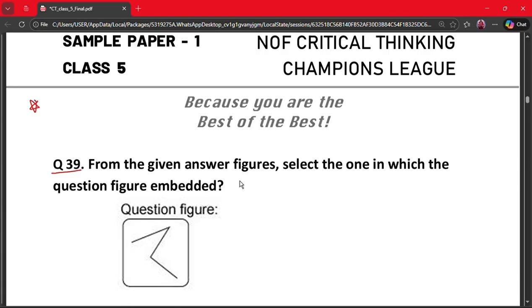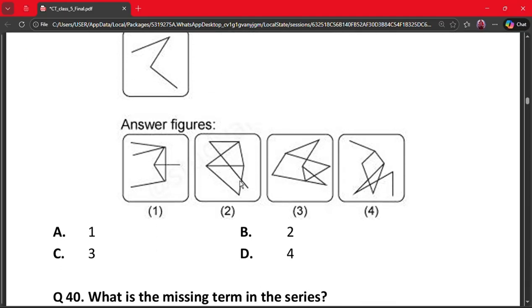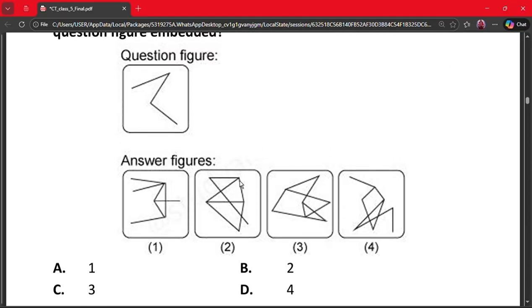Question number 39. From the given answer figures, select the one in which the question figure is embedded. So let's have a look at the question figure, which is like this, and we have 4 answer figures. So we have to figure out where this question figure is embedded. So in 1, let's see this, this and this.